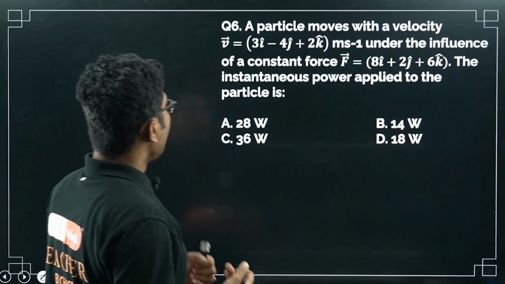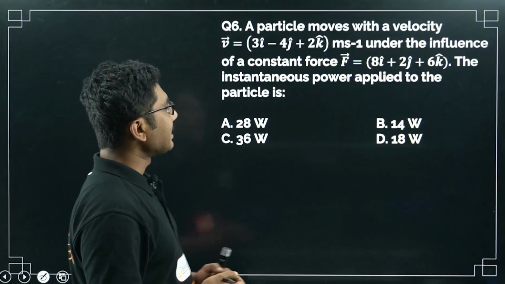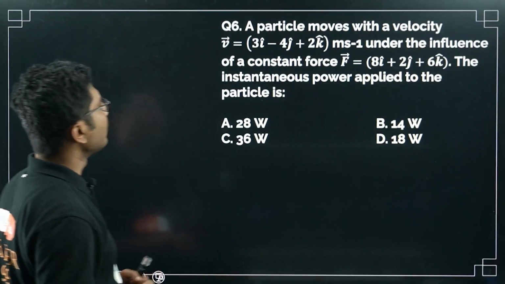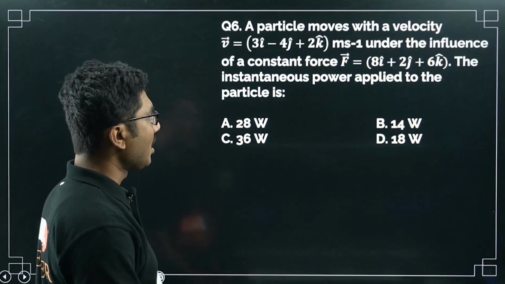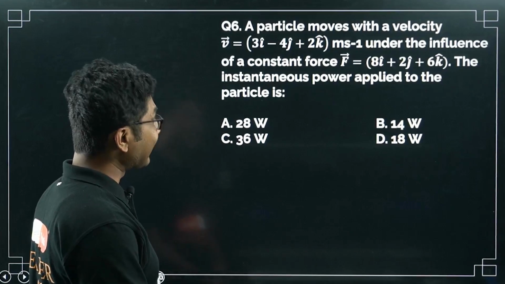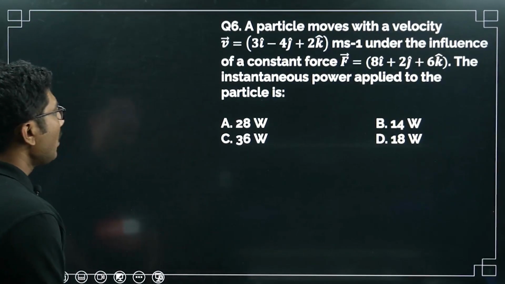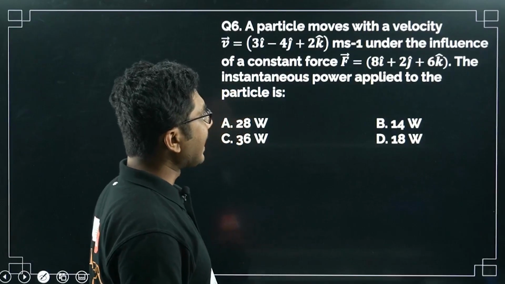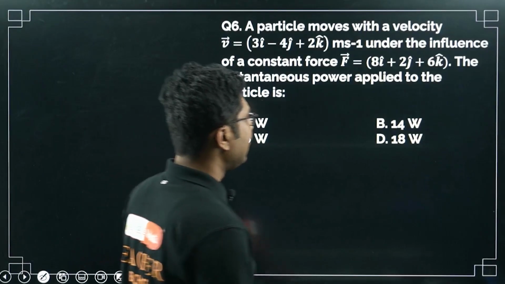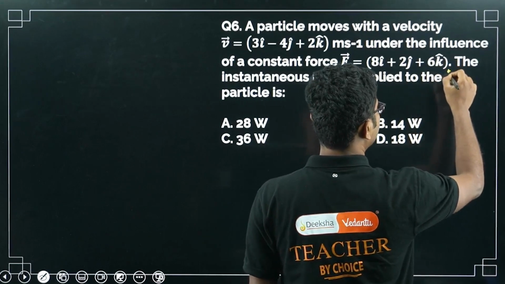Now question number 6. A particle moves with a velocity v equals 3i minus 4j plus 2k meter per second under the influence of a constant force F equals 8i plus 2j plus 6k newton. It will be in newtons.